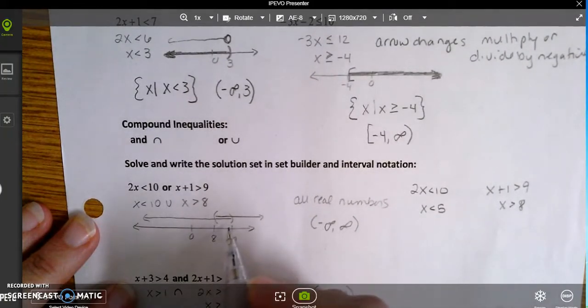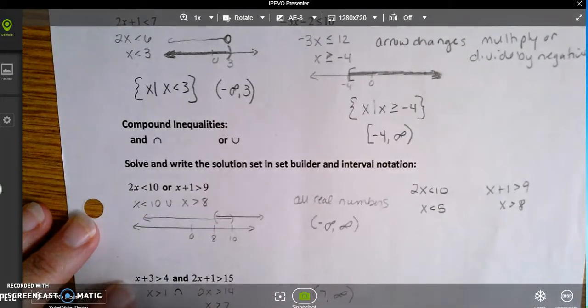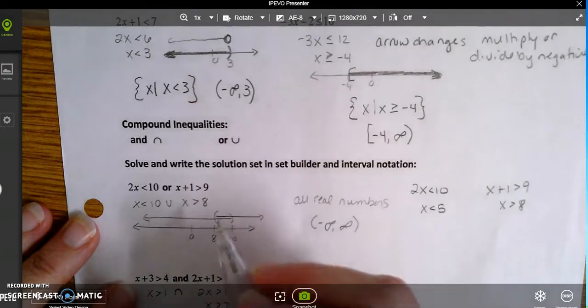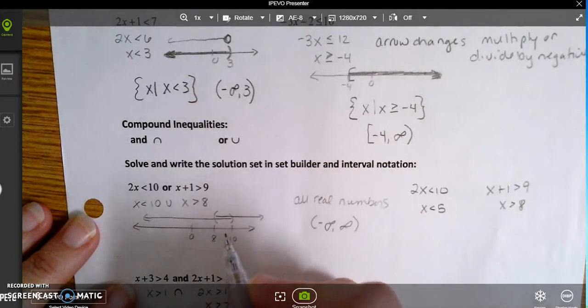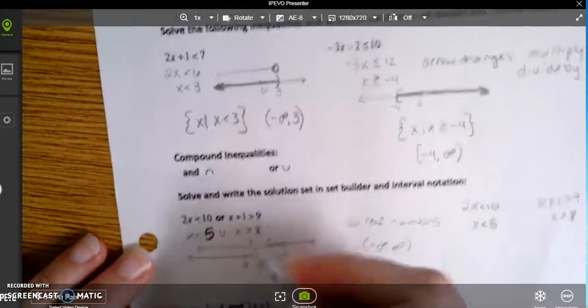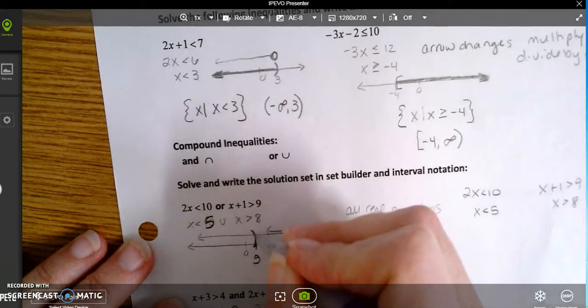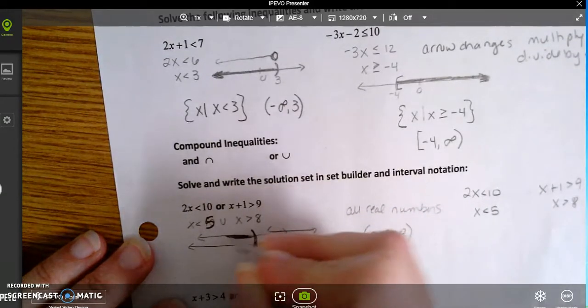Okay, so x is less than 5. So here's our 5 on our graph. So x is less than 5 would be a parenthesis, and then we would be shading to the left.